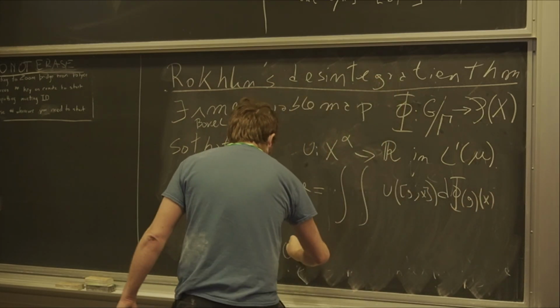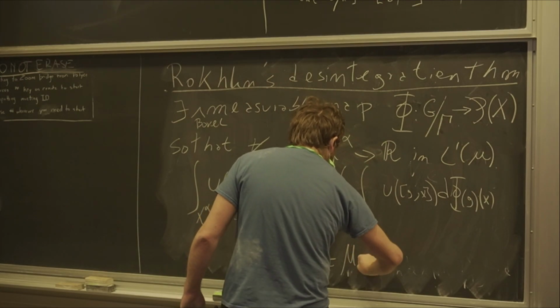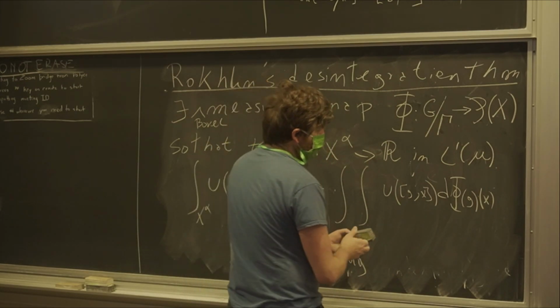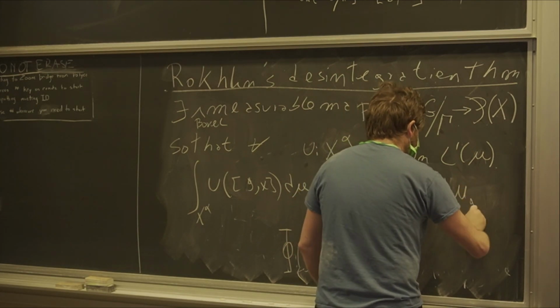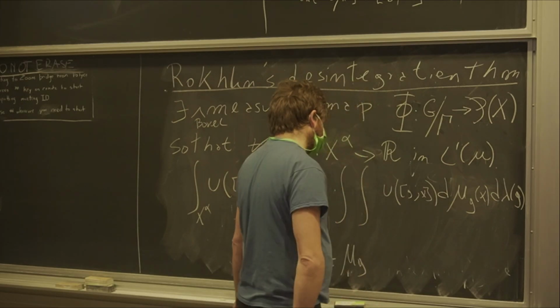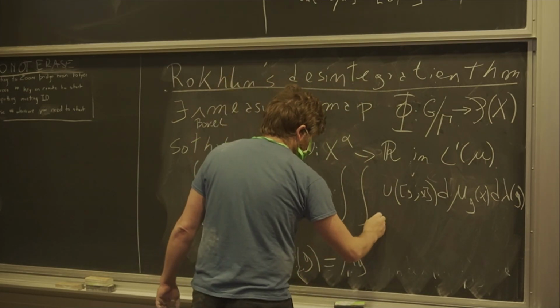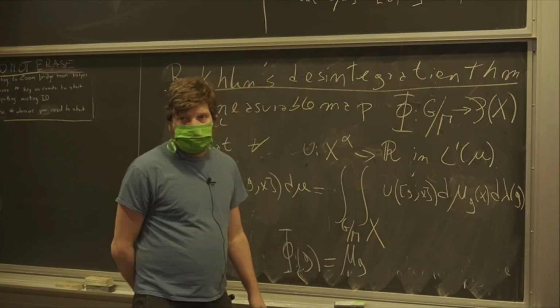Maybe let me use this notation: phi of g equals mu sub g. So then this is the integral of u of gx d mu sub g of x d lambda of g, where the inner integral is over x and the outer one is over g mod gamma.